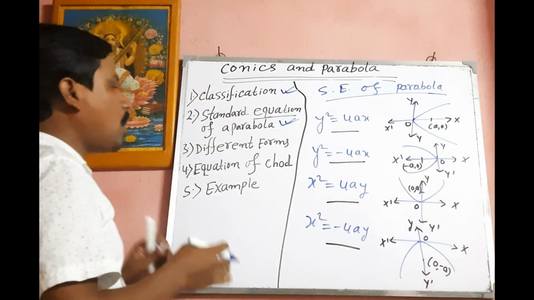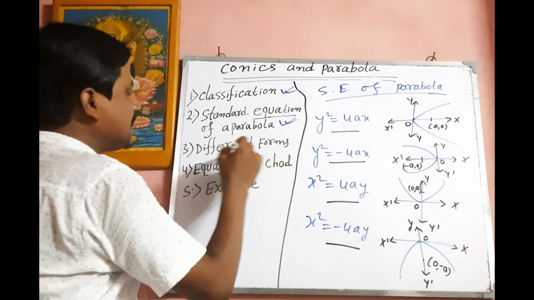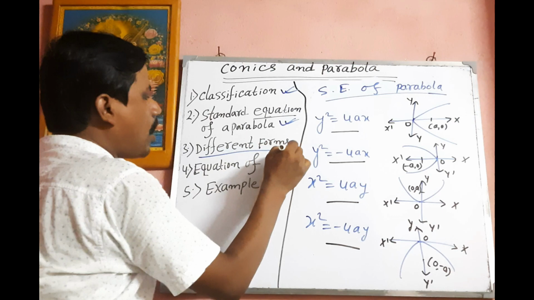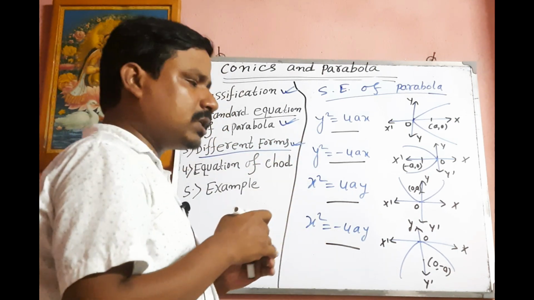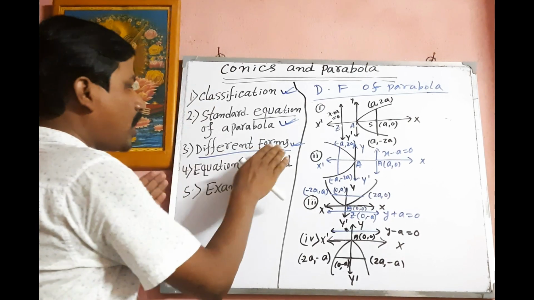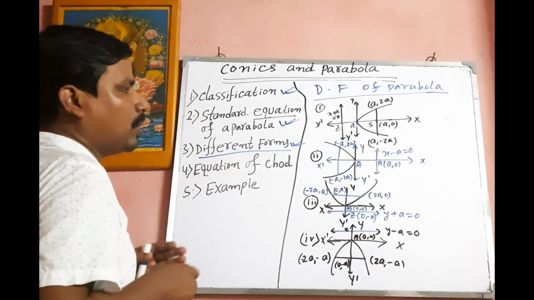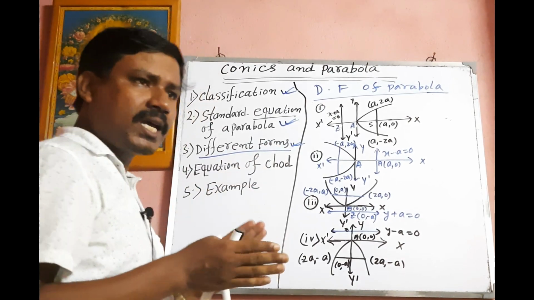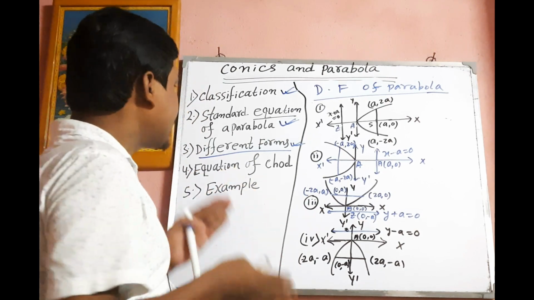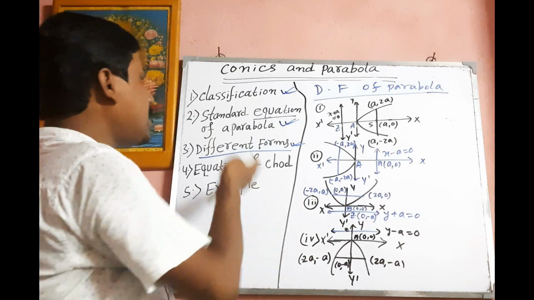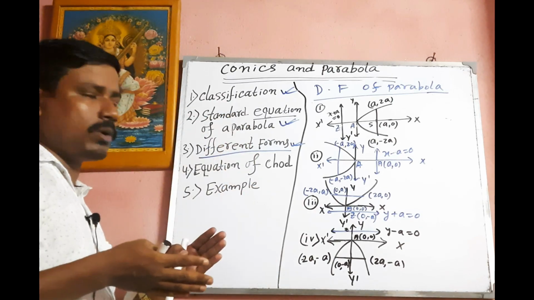This completes the second section, the standard equation of the parabola and their pictures. Now we move to the third part, the different forms of parabola. This section can be renamed as the explanation of standard equation of parabola.